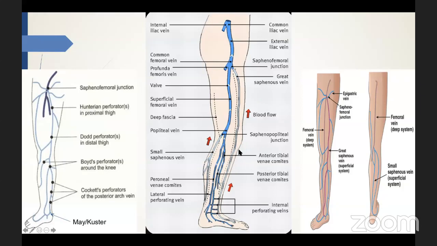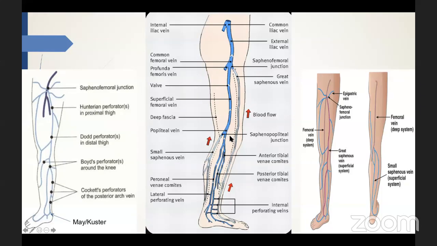It's basically just to have a picture here in the middle, combined with the deep system here and superficial system here. If we scan for a DVT, then we are mainly referring to the deep system. If we are scanning for a reflux or varicose veins, then we are scanning the superficial system, which consists of the long saphenous vein or great saphenous vein, and the short saphenous vein or small saphenous vein.